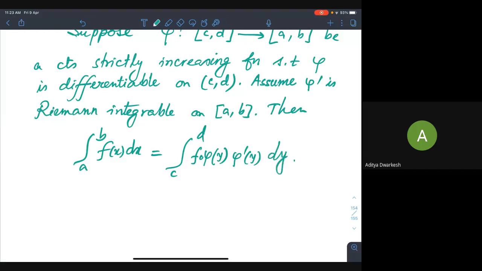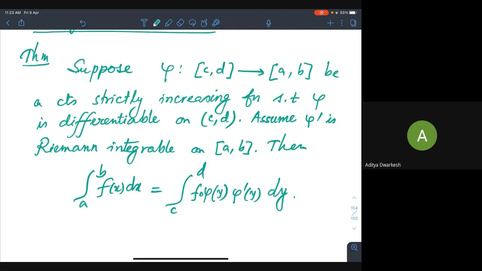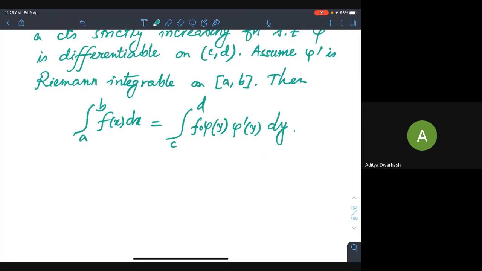This is the usual change of variable rule that you use for evaluating integrations. The proof uses a lower sum, upper sum argument.